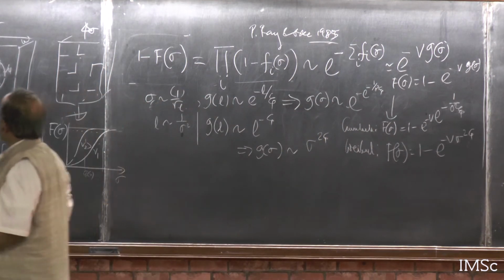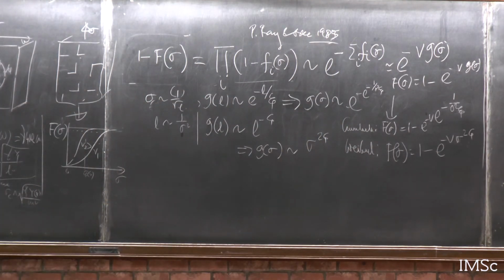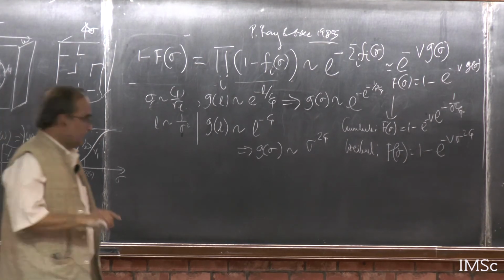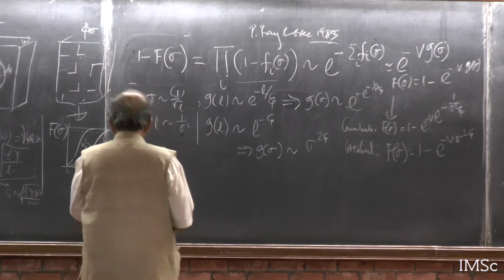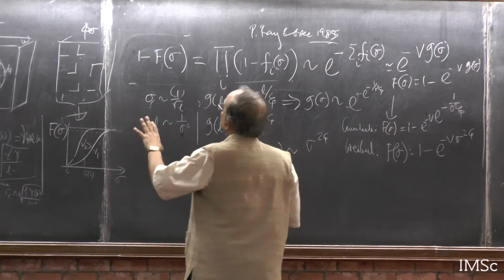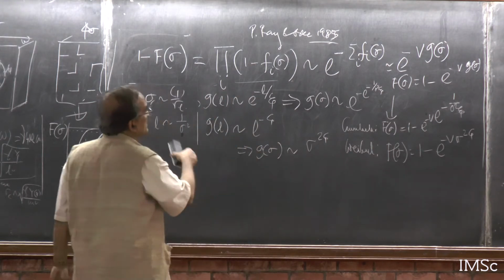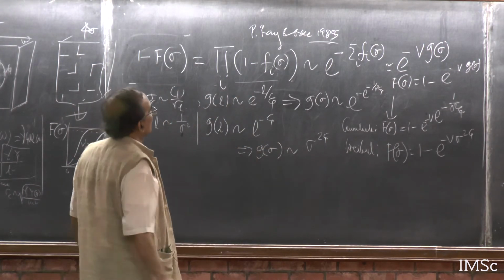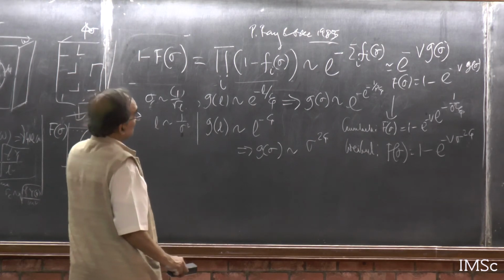So this derivation was given in 1985, and now I will go to another thing which again Purushottam and me gave, but this is in the region where you do not have these regions overlapping.